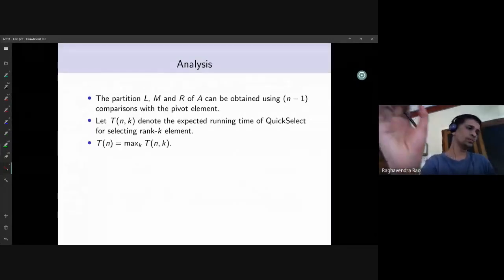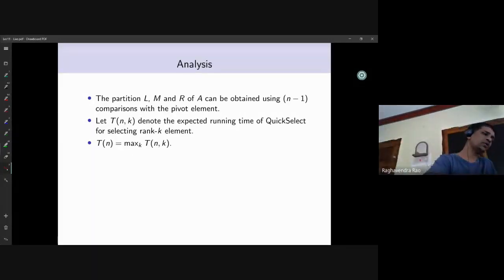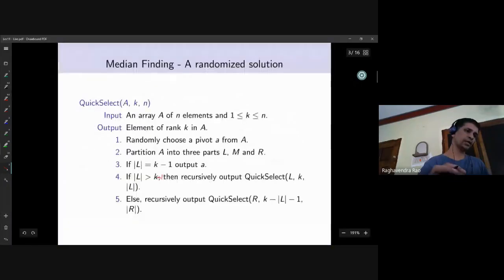So let T(n,k) denote the expected running time of quick select for selecting the rank k element. We'll maximize over all possible k. The reason we need to do this is that in this algorithm, the value of k can potentially change depending on which side you're recursing on. So we will have to talk about all possible k.